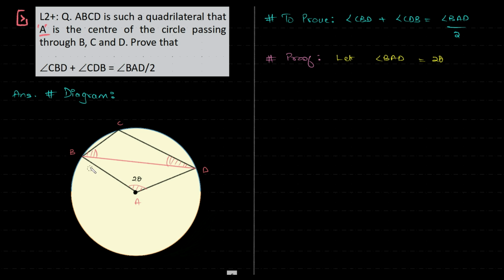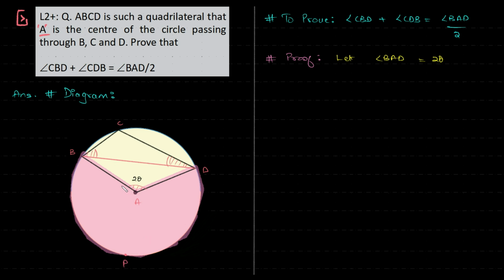I'll show it to you guys first. So we have this particular arc actually. Let me call this point P. Okay, this point I'm calling P.